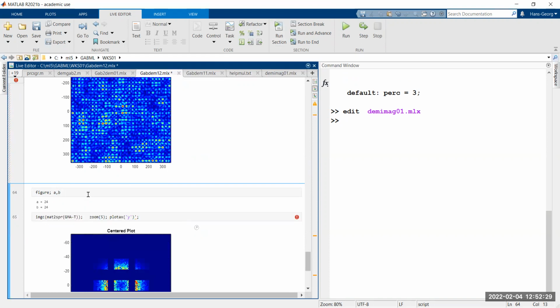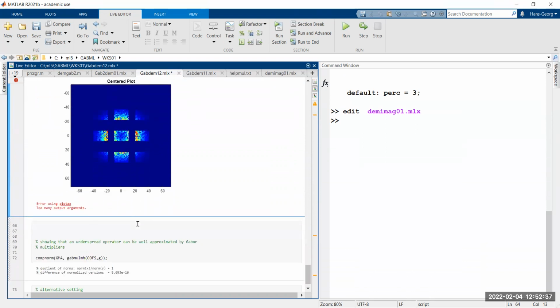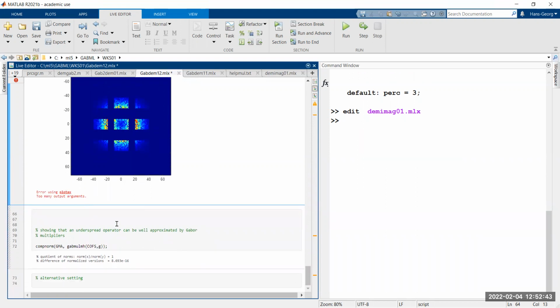Maybe this was the problem, that they were too big or so. I don't want to change it now, but you can imagine that there must be some problem that I didn't have in the preparation. You see here, now that it's a different thing, whether it's still true that if I compute the Gabor multiplier with atom g and the coefficients which we have obtained, then you really get the Gabor multiplier.